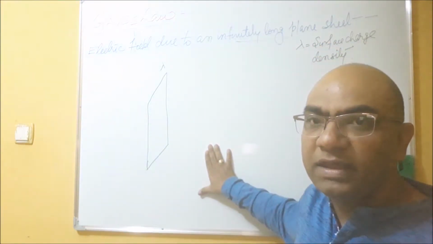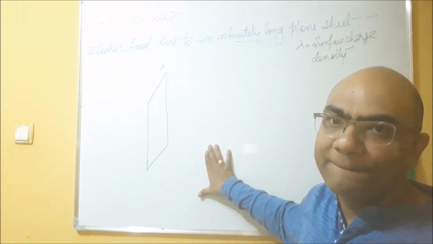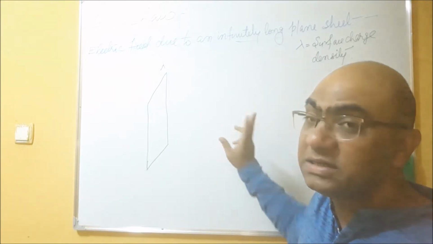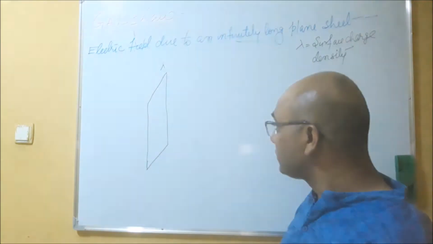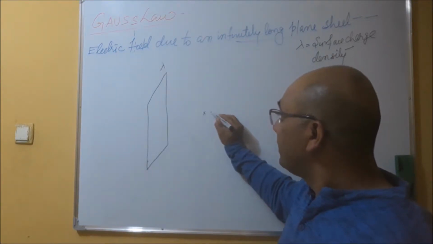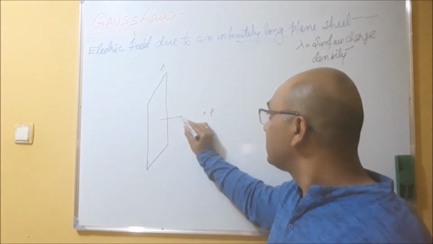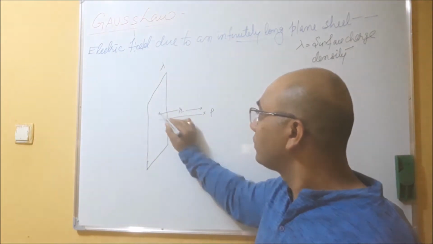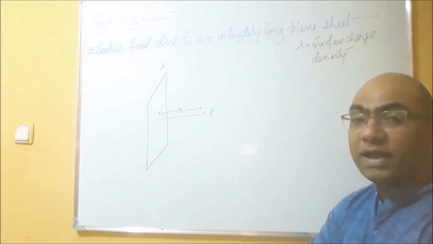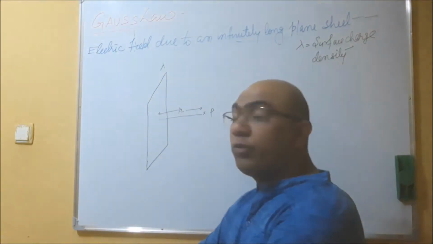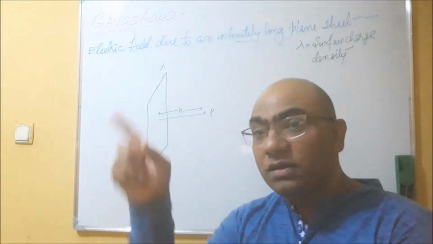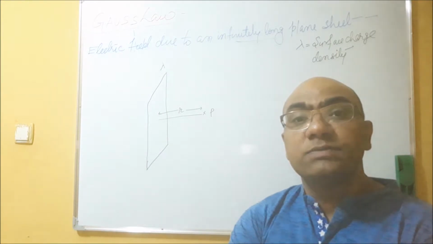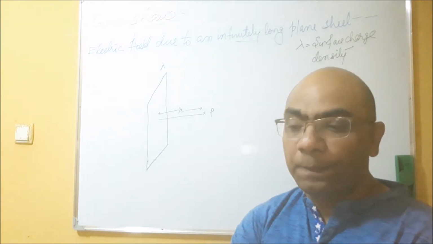For a plane sheet, find the value of electric field at any point P, which is, suppose, at a distance r from this plate. Suppose the point is somewhere here, P, and the distance is r, right? So find the value of electric field at point P, which is at the distance of r from this uniformly charged plane sheet, right?